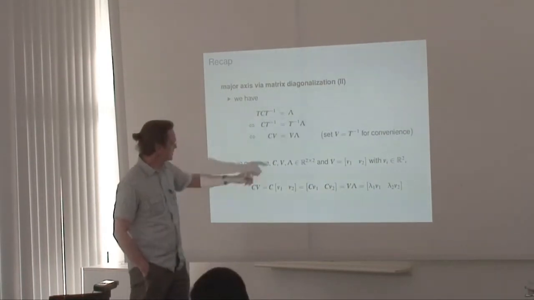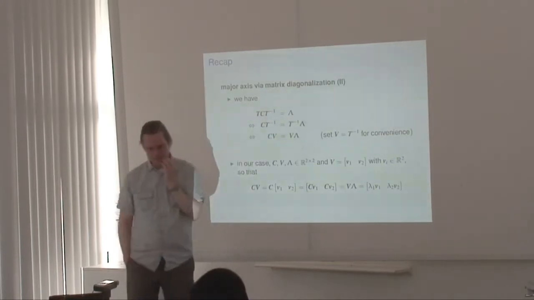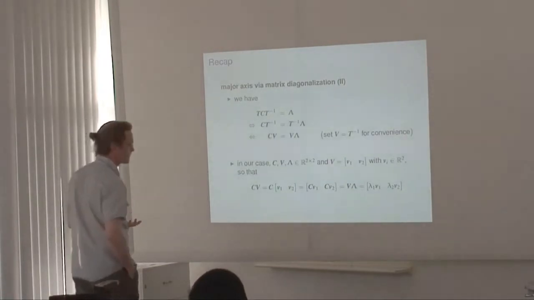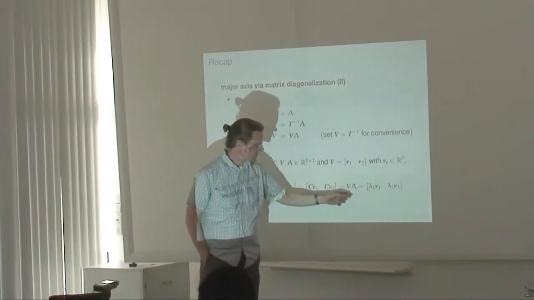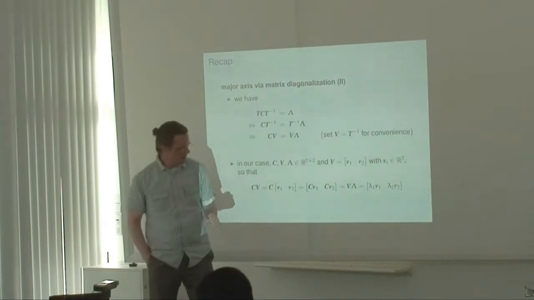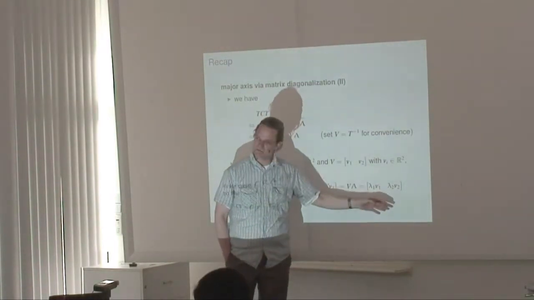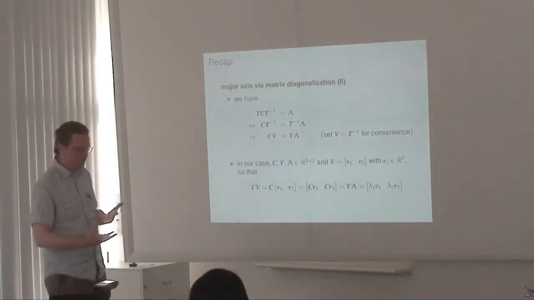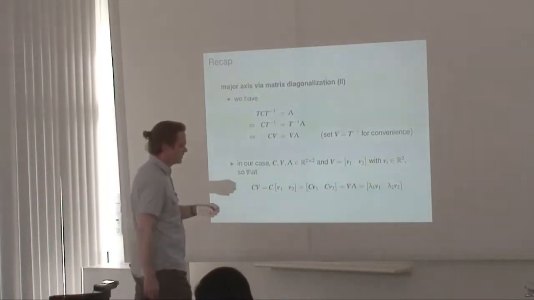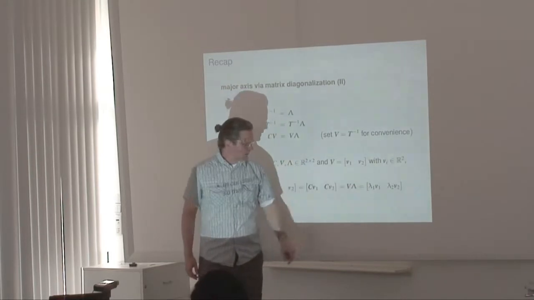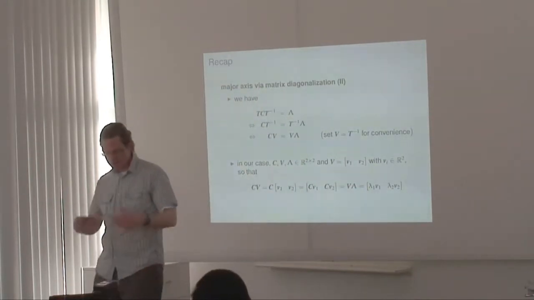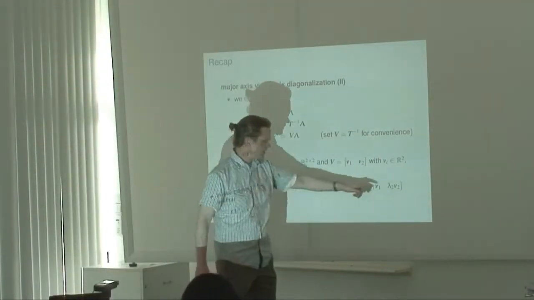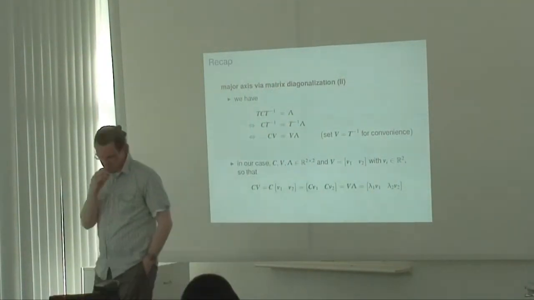And on the right hand side we have matrix V times lambda, but since lambda is a diagonal matrix, we can express this as a matrix of two column vectors where the first column vector is just a scaled version of V1, scaled by this value lambda 1, and the second column is a scaled version of V2, scaled by this scalar lambda 2.